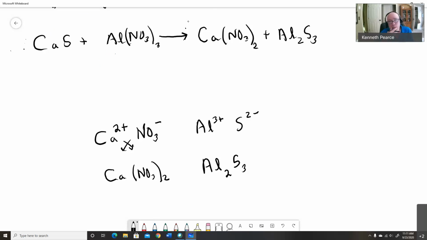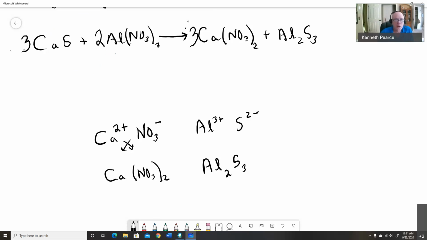Now what we're going to have to do, since they differ from even and odd, is put a 2 in front of here and put a 3 in front of here. That way we end up with 6 nitrates on both sides. Okay, and if we do that, well, now we have 3 calciums on the right hand side. We'll have to put a 3 over here to get our 3 calciums, and that should be balanced.